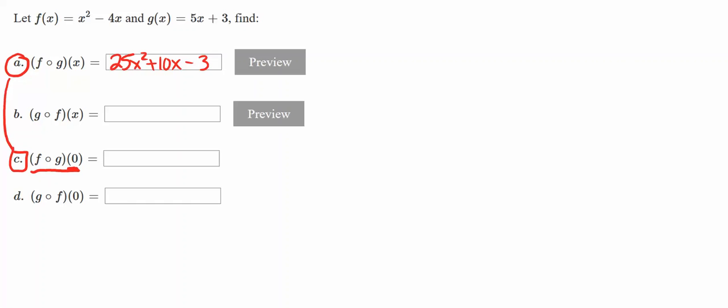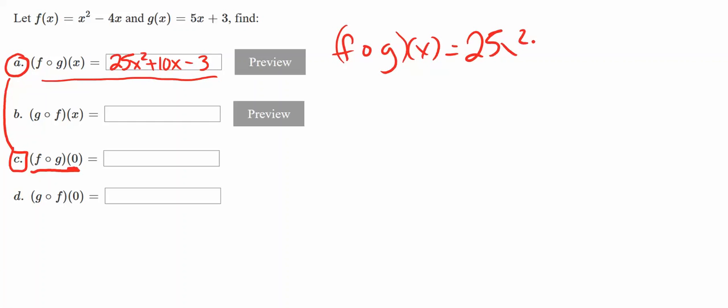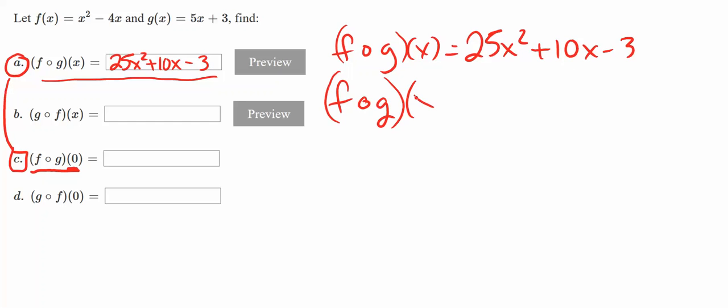So this is our generic function, and since we have f composed of g of x, now we're going to figure out the 0 value they have here. In this case, I'm going to plug a 0 into all that.